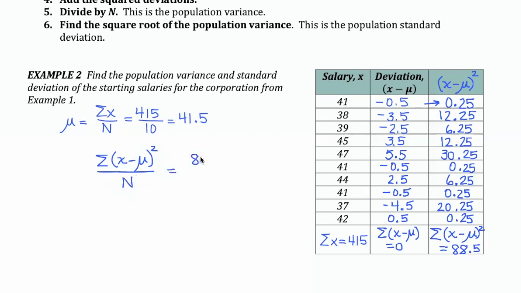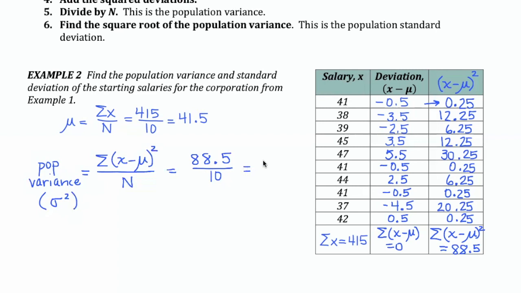So I'm going to take my sum of my squared deviations, divide by capital N. So I'm going to have 88.5 divided by 10 pieces of data. So at this point, what we've computed is known as the population variance, which is denoted with the little sigma with a squared on it.